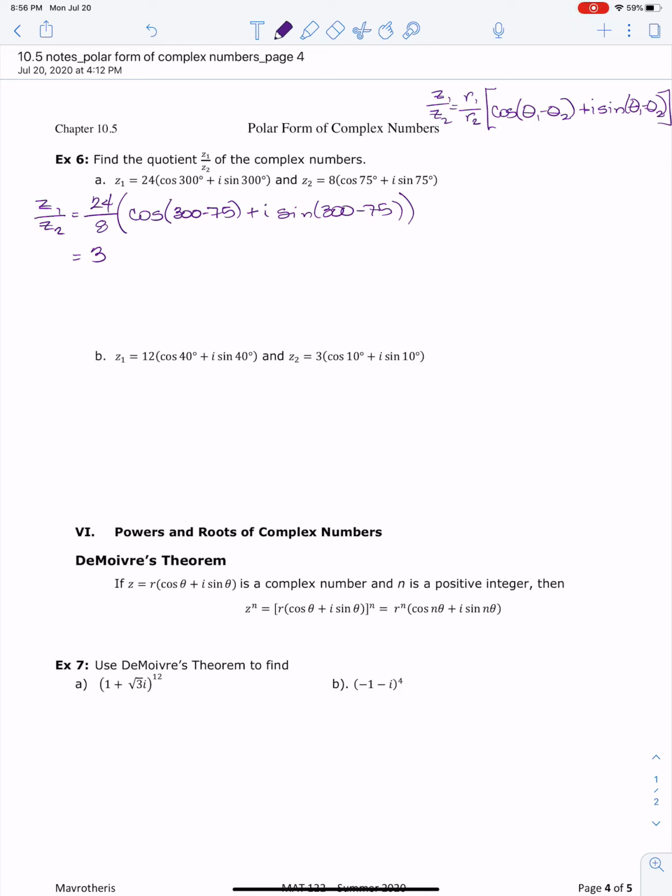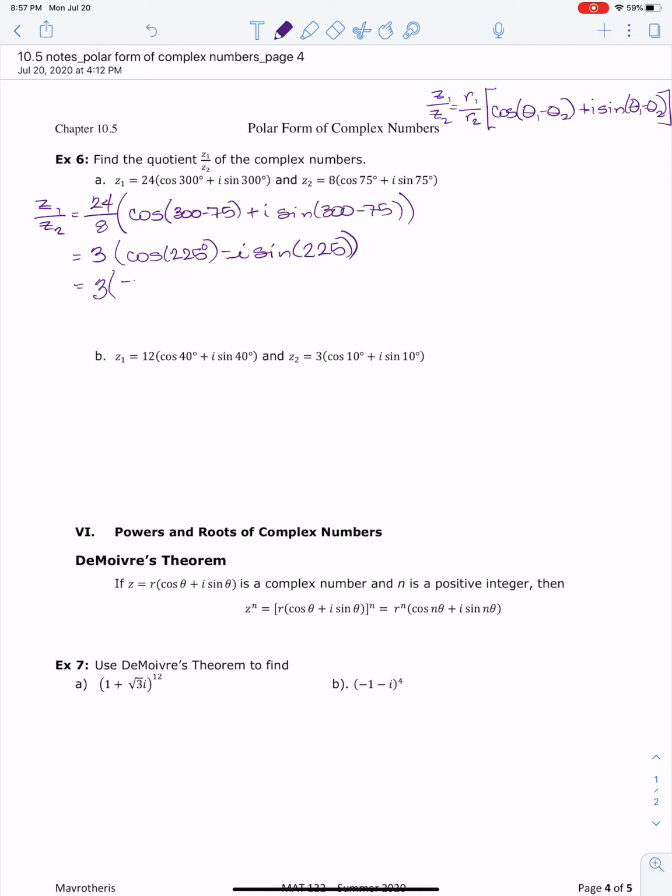So I have 3 times the cosine of 225 plus i sine of 225. 225 is the same as 5 pi over 4. That's in quadrant 3, so I know both of these are negative.